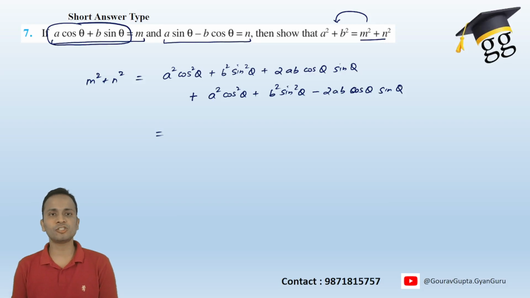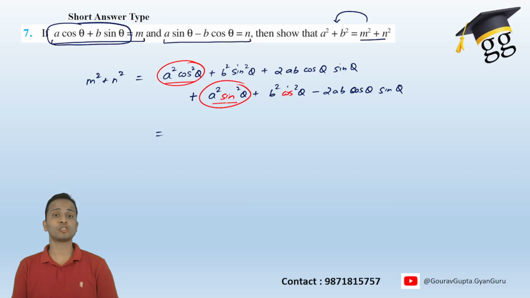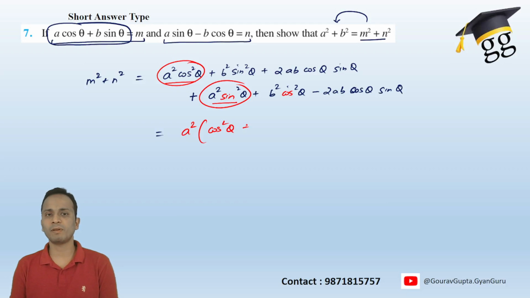Now combining these terms, oh I'm sorry, I made a small error here. It's not cos square theta, sin square theta, it will be the other way around. So it will be a square sin square theta and b square cos square theta. Now you can combine these terms: a square cos square theta plus a square sin square theta, so you will get a square (cos square theta plus sin square theta), which is 1.